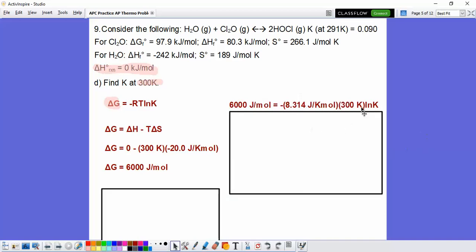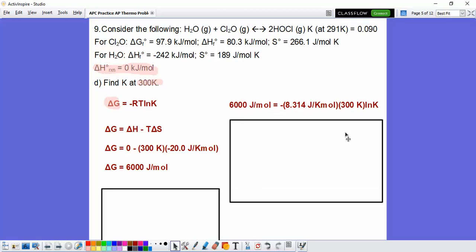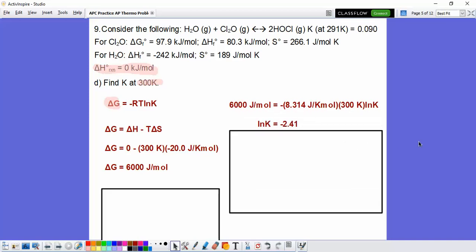Remember, when you're doing this algebra, you need to isolate natural log of K first, and you should get negative 2.41. Now, our prediction: what sign does our delta G have? It's positive, so our equilibrium constant should be less than 1.